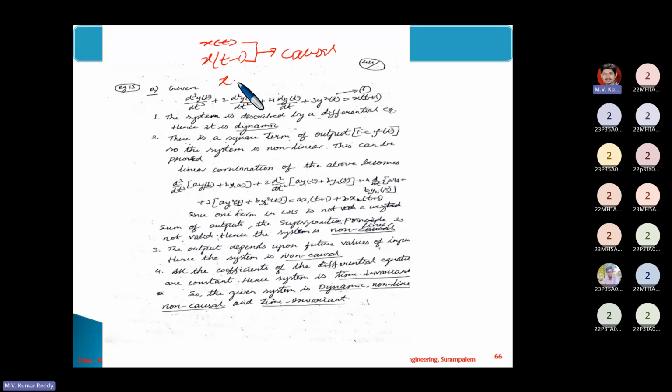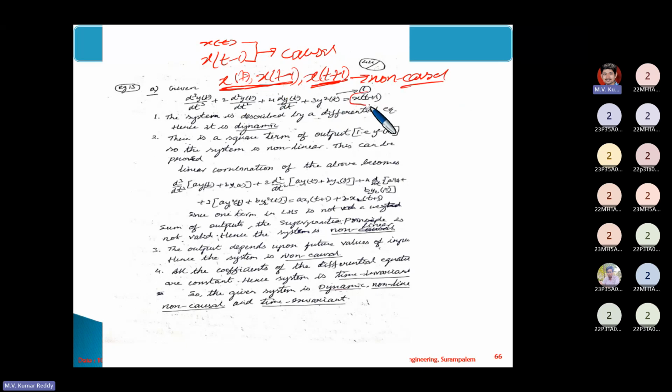If we have x of t minus 1, and if we have even one x of t plus 1, then it is non-causal.